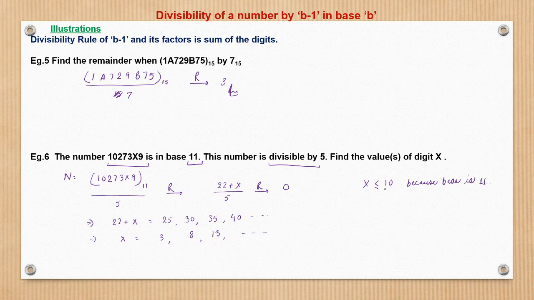So only these two satisfy this, and further numbers would not be a solution. So the possible values of x are 3 and 8. This is the answer to this question.